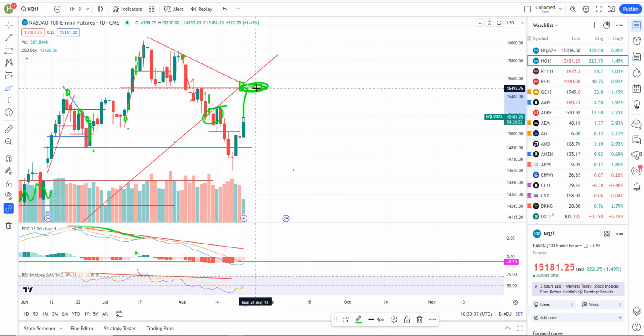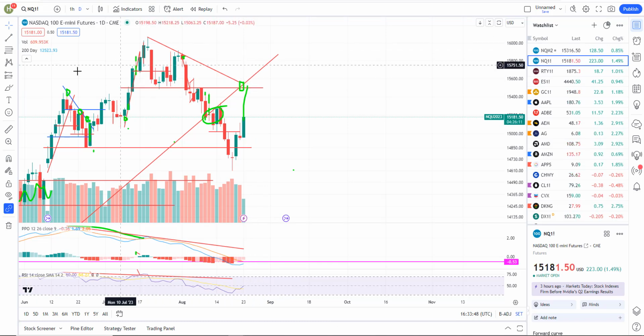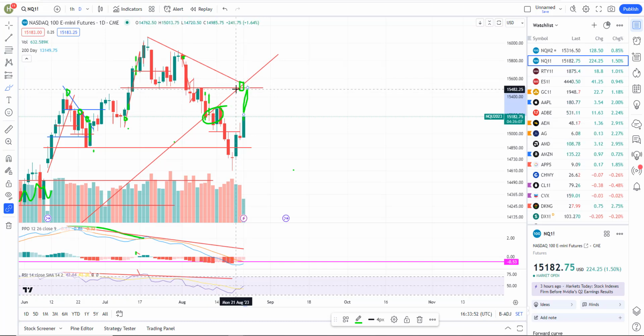Resistance on this one is pretty clean resistance right up around 15,493 or somewhere right in there, basically. Big resistance. So as of right now, this is what it looks like it's going to do. It looks like this wants to rally up. That means the Qs will continue to rally. Then ultimately this gets rejected and the Qs will break that trend line. Okay, so that's what this is telling me is likely going to happen.